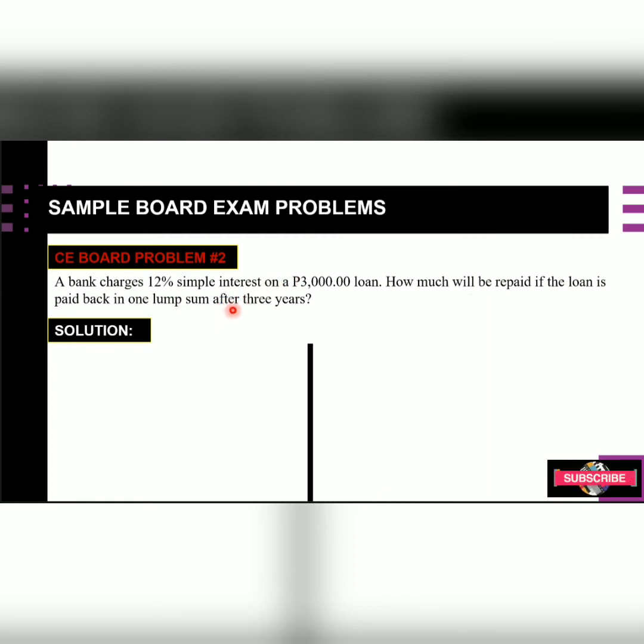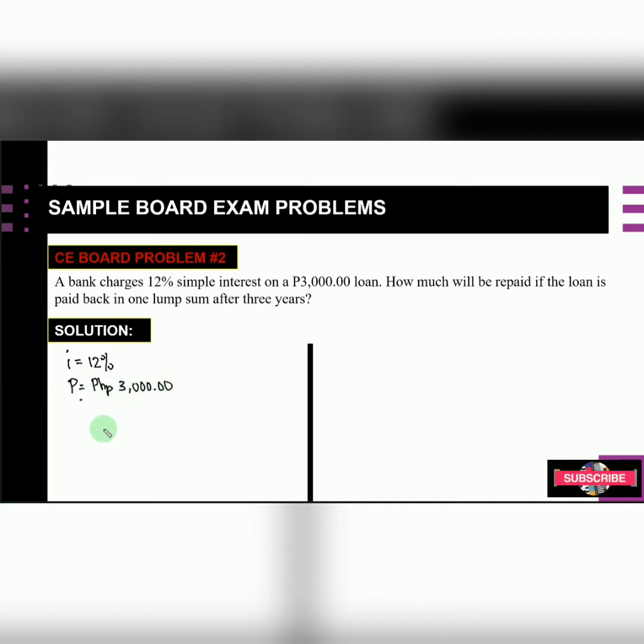Based on this, we have this rate of interest of 12%. We can say that given these parameters, our I is equal to 12%, and on a 3,000 pesos loan, our P, which is our principal, is equal to 3,000 pesos.